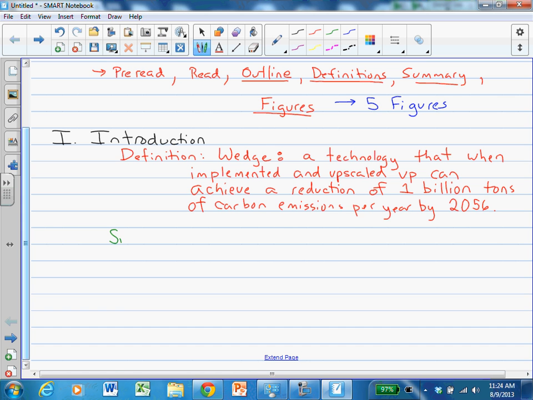Now time to write the summary of that introduction section using the underlined stuff I have as a guide.